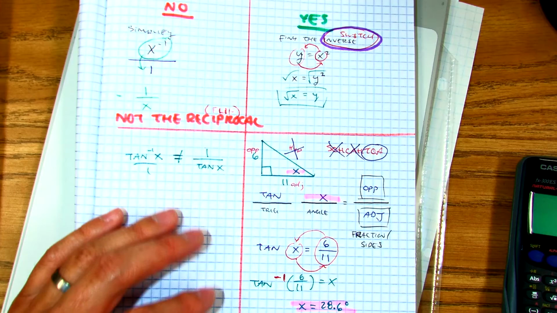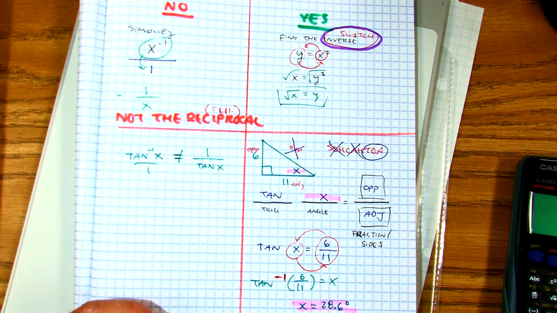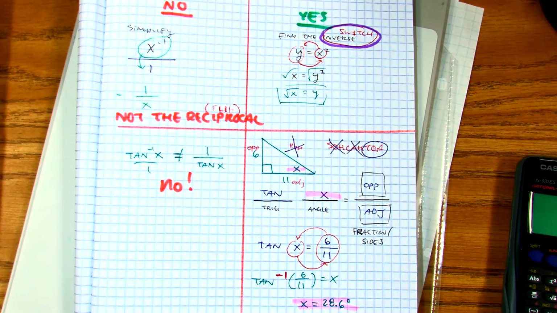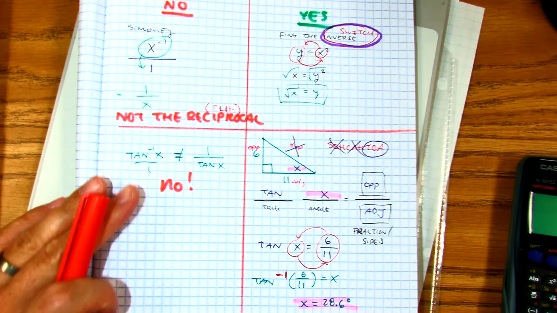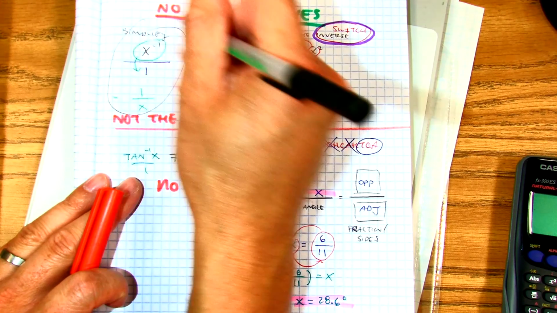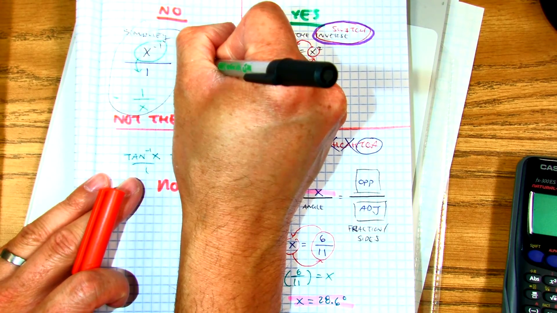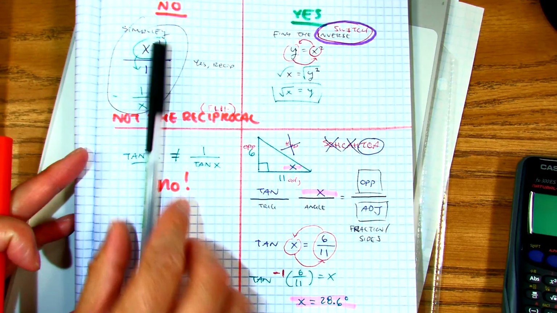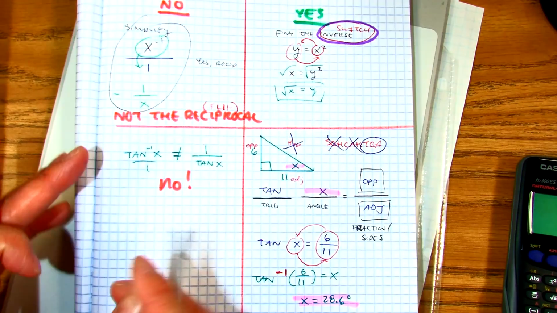This would be a big no. Although this is correct, this is a reciprocal, yes. That's the definition of reciprocal. I'm trying to say that what we're doing in today's lesson is not flipping a fraction. Okay? We are switching.